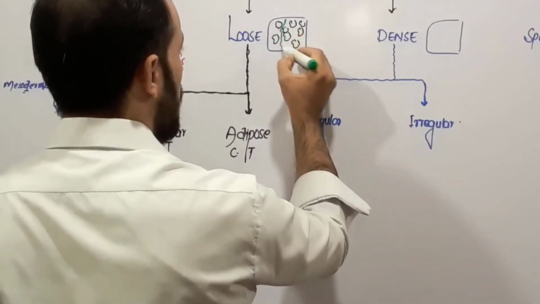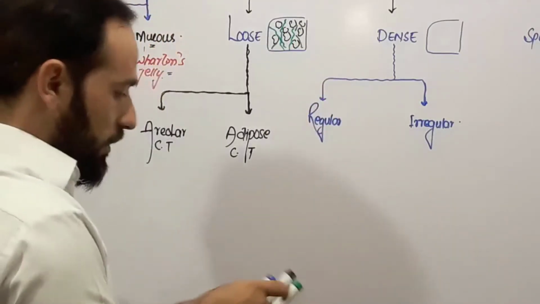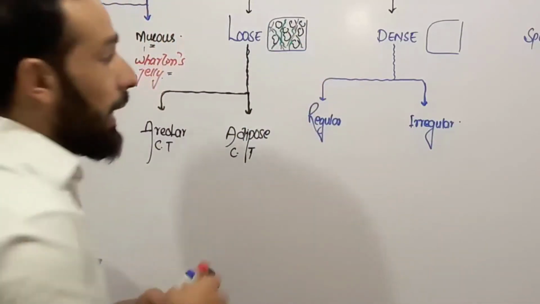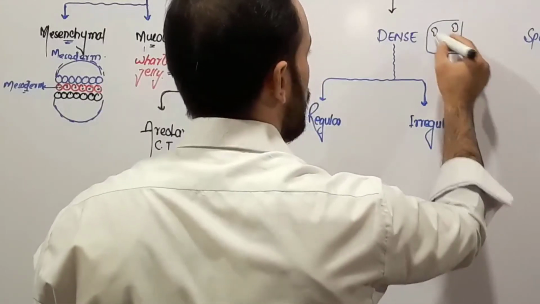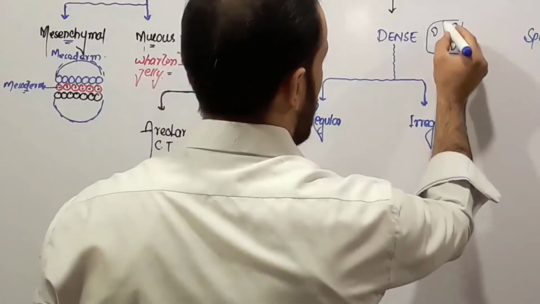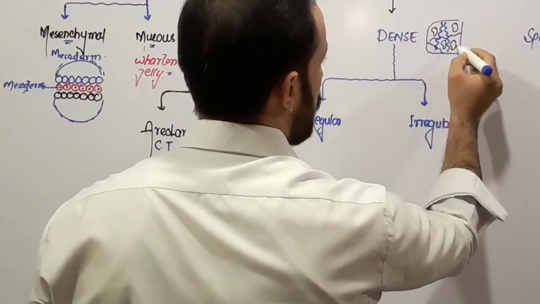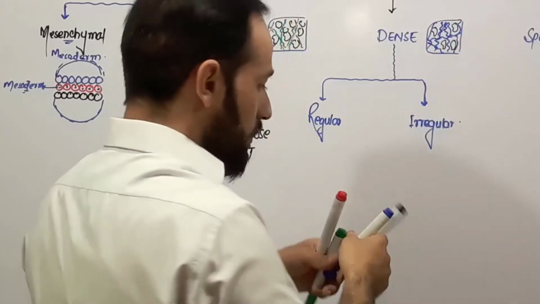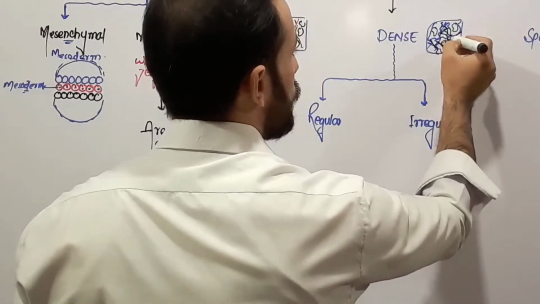I want to make it clear, in loose connective tissue we have more cells but less number of fibers. In dense connective tissue we have less number of cells, right, and more fibers. So due to the presence of lots of fibers, this tissue is called the dense tissue, right?